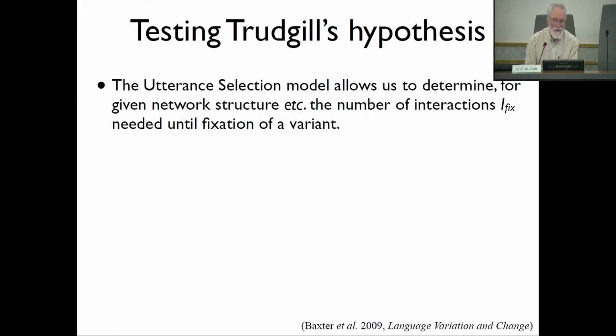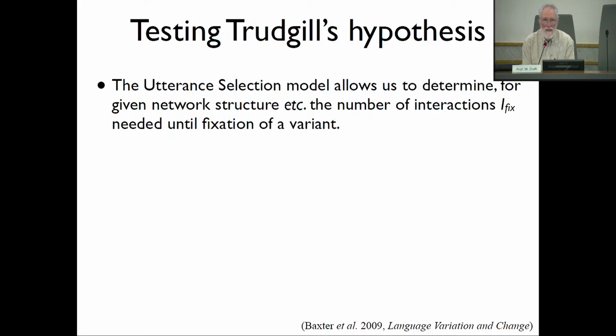I can't say, especially now at the distance of 17 years, that I remember all of the mathematical justifications here, so I'll show you some equations and talk about the variables. But the basic idea is we tried to figure out how many interactions would be needed to fix that variant, and then had to make some estimates.